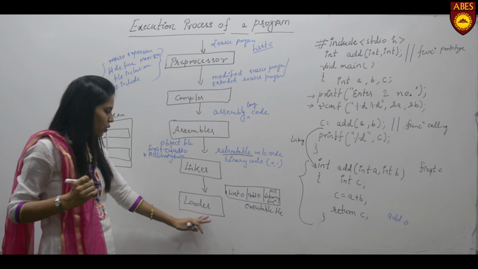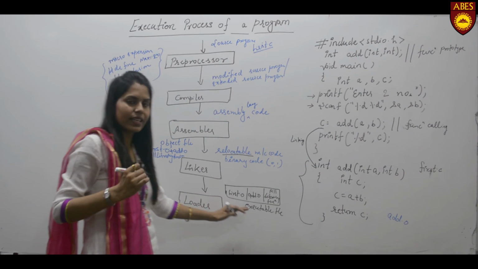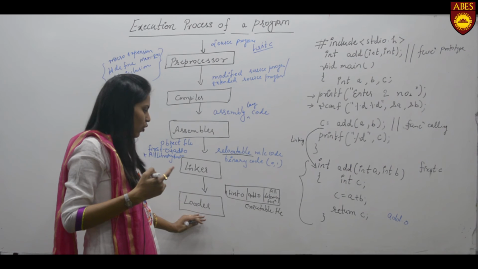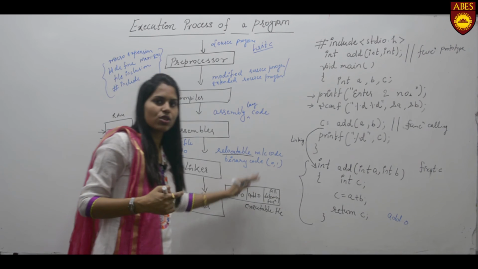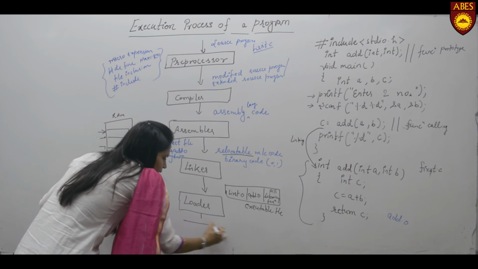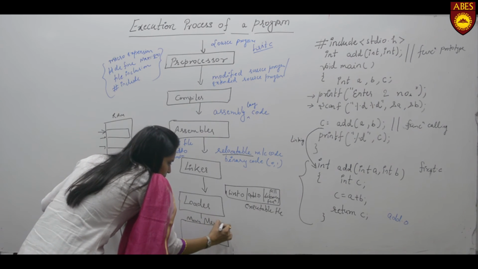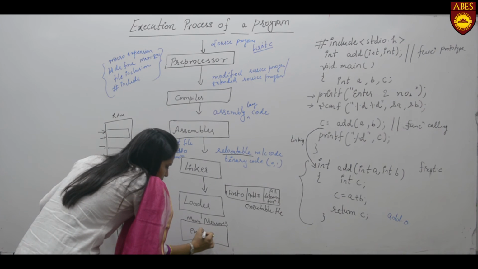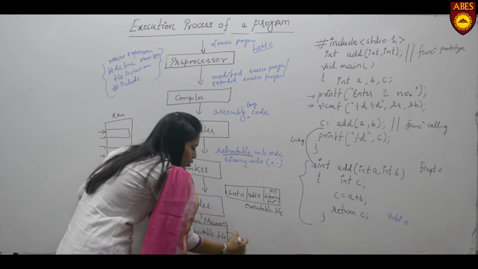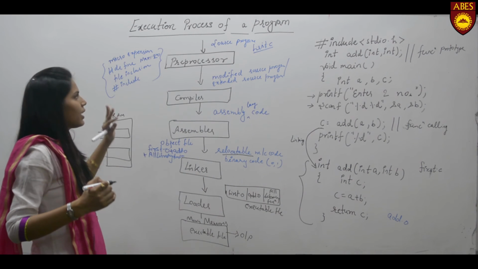What the loader does: the loader is a program, or we can say it is a part of the operating system, which will load this executable file into main memory to execute. It will execute here and produce output according to our program. So all these are the phases of the compilation.